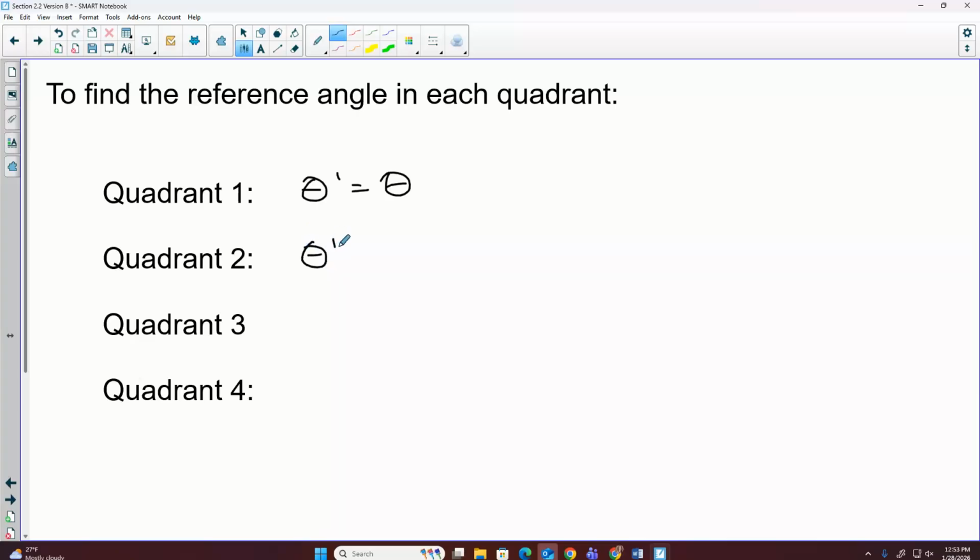So my reference angle was 180 minus my angle. All right, in quadrant 3, what did we do?